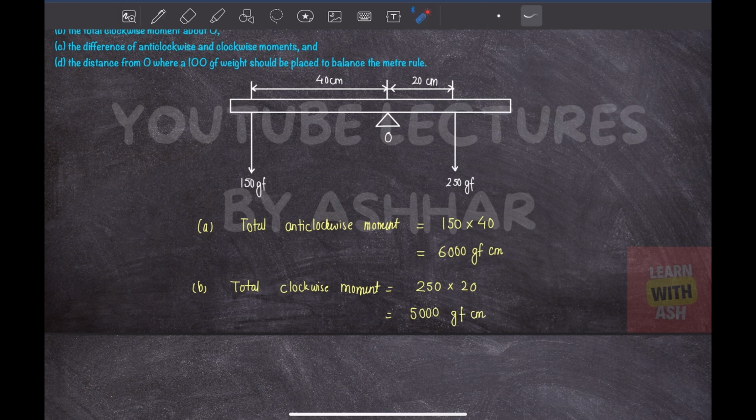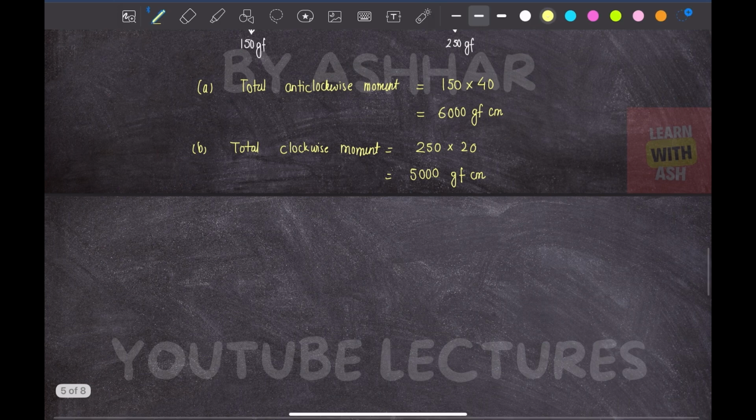After that, they are asking us the difference of anti-clockwise and clockwise moment. A simple thing for us. So the difference, part C, is nothing but 6000 minus 5000. It is 1000 gram force centimeter.